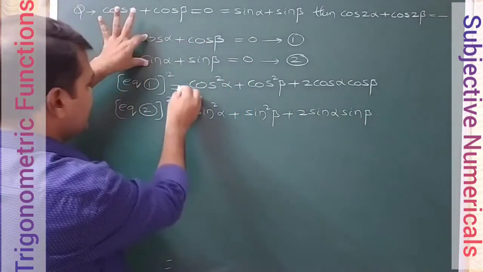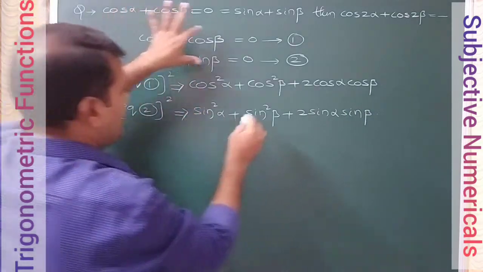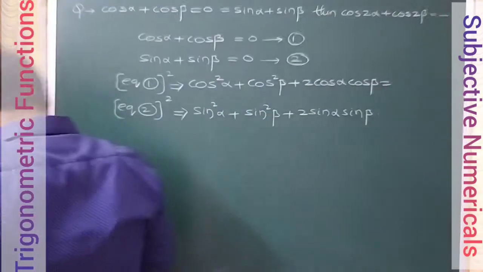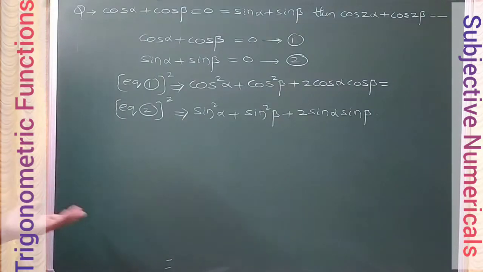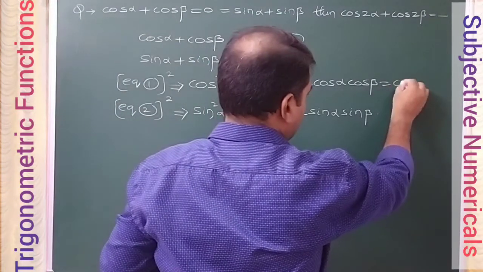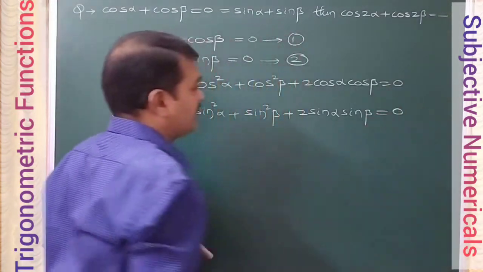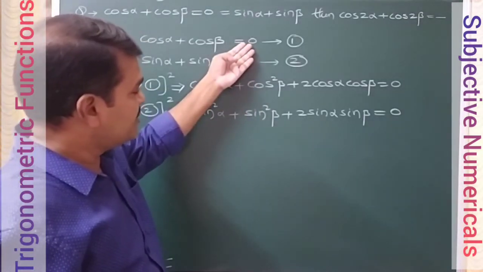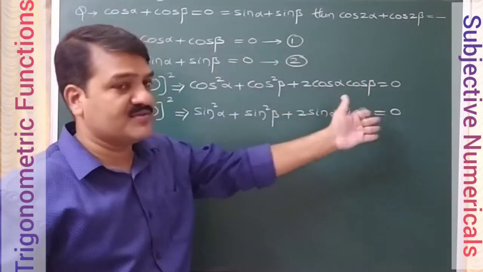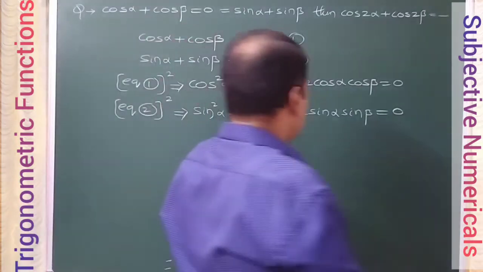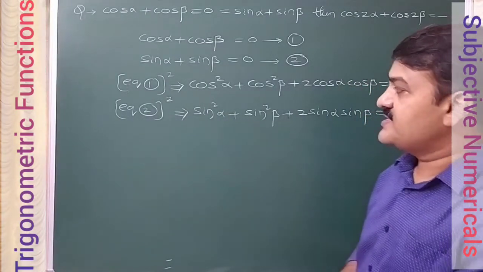This is the LHS part, and the RHS is 0 in both equations. Now squaring of both equations is completed.